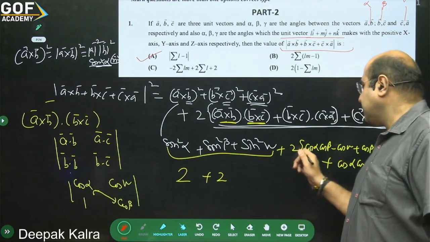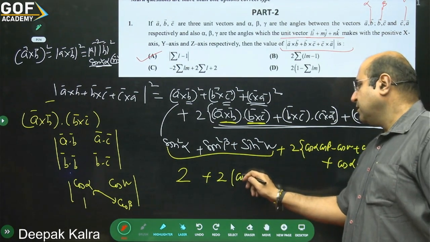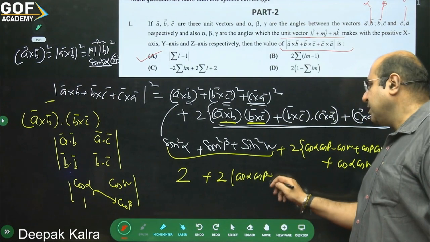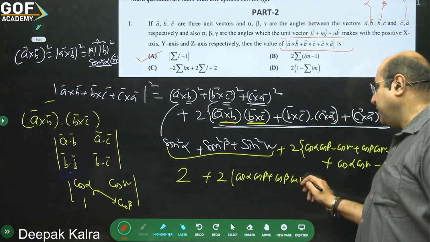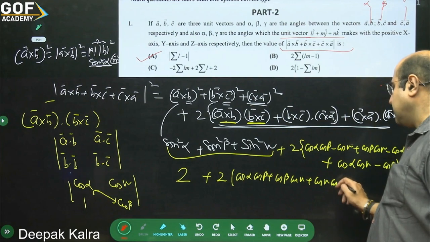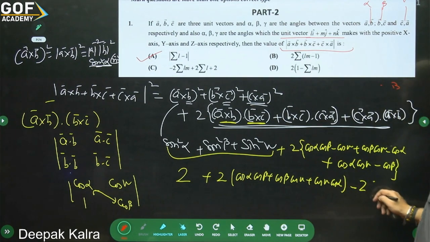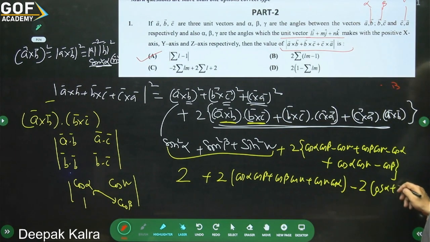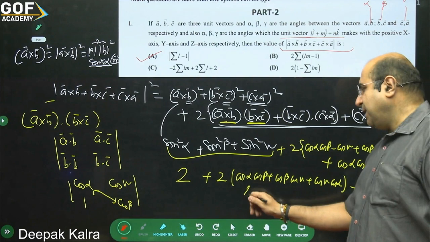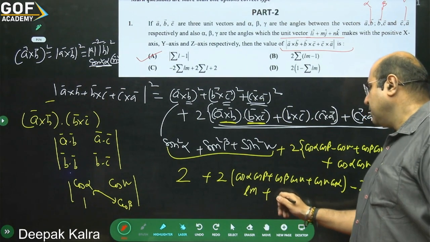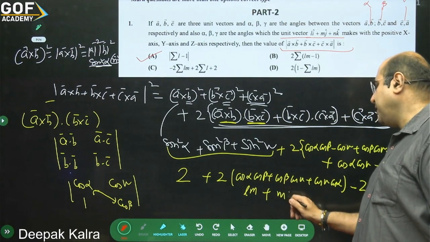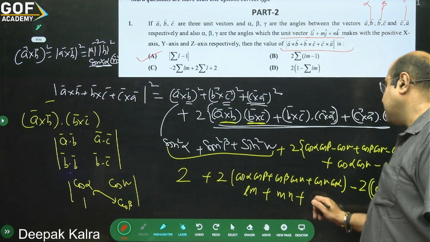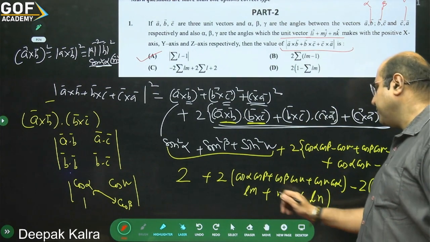Plus 2 times, I open this, cos alpha, cos beta, cos gamma, cos alpha, minus 2 times cos alpha plus cos beta plus cos gamma. This is nothing but Lm plus Mn plus Ln into 2.